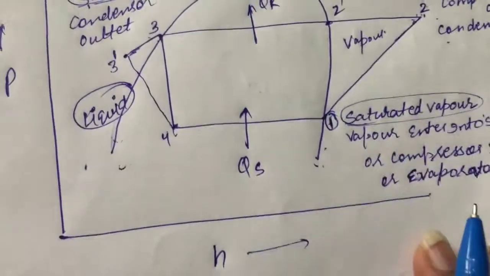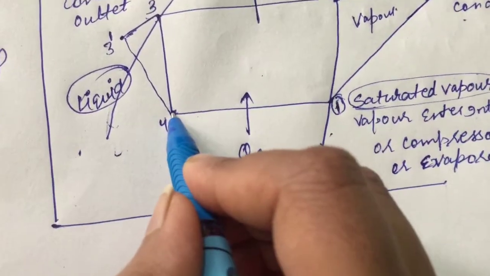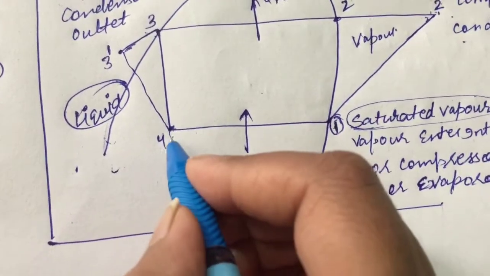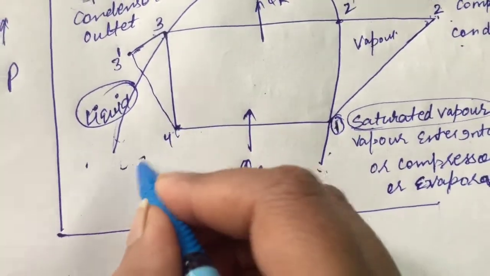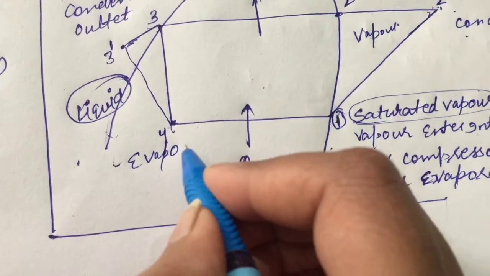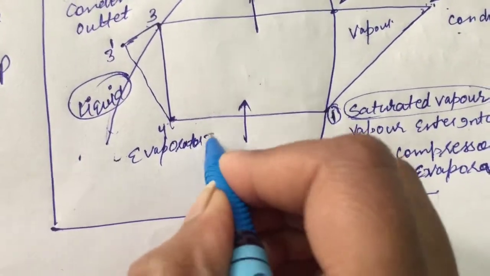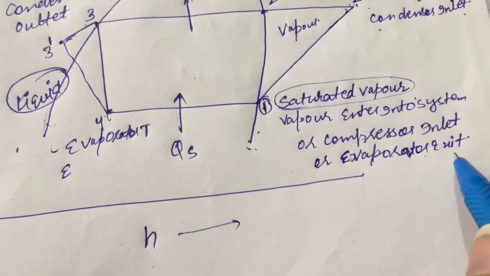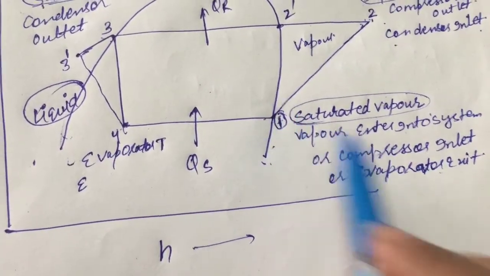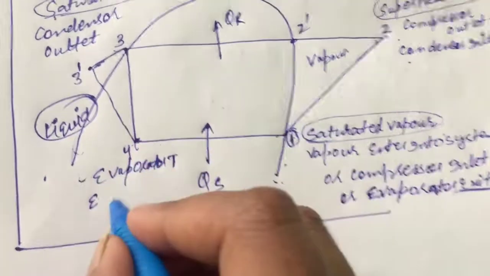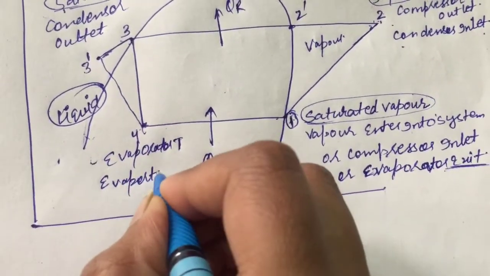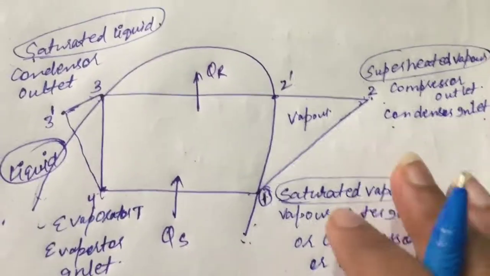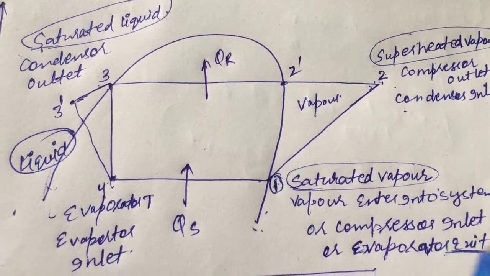Supersaturated liquid. And here the fourth point, the temperature over here would be the evaporator temperature, and it would be the evaporator inlet, because this point was our evaporator exit point.